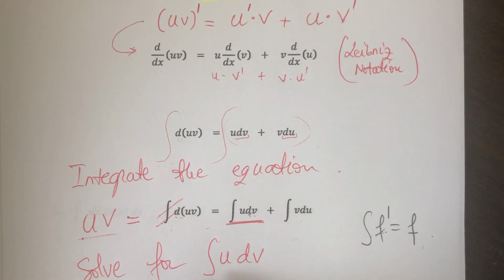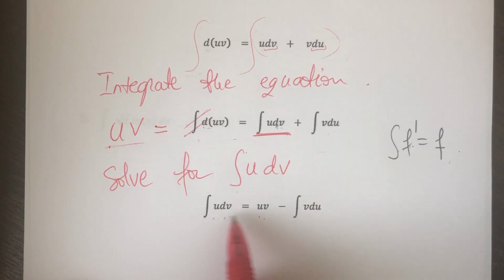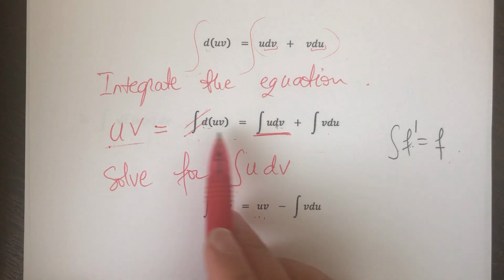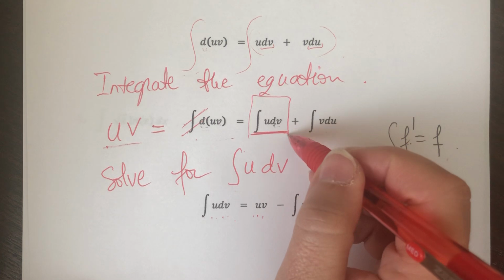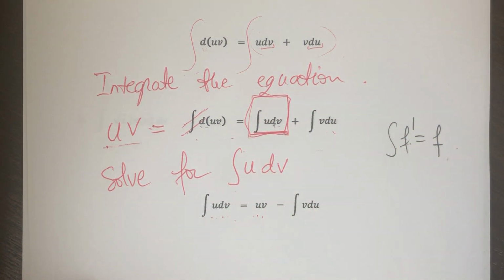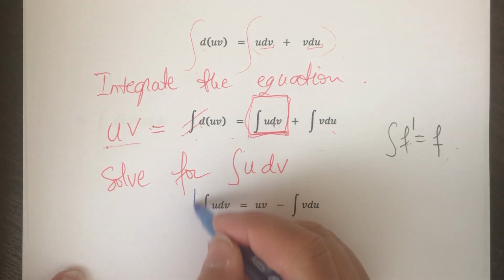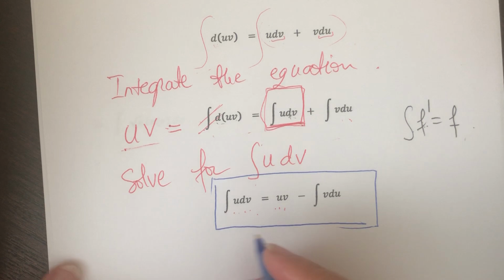So the integral of u dv is u times v minus the integral of v du. So again, all I've done is just solve for this term right here, right? Keep this guy alone, this guy has to be moving over. So it's really not that complicated, but right here is what we call the integration by parts formula.